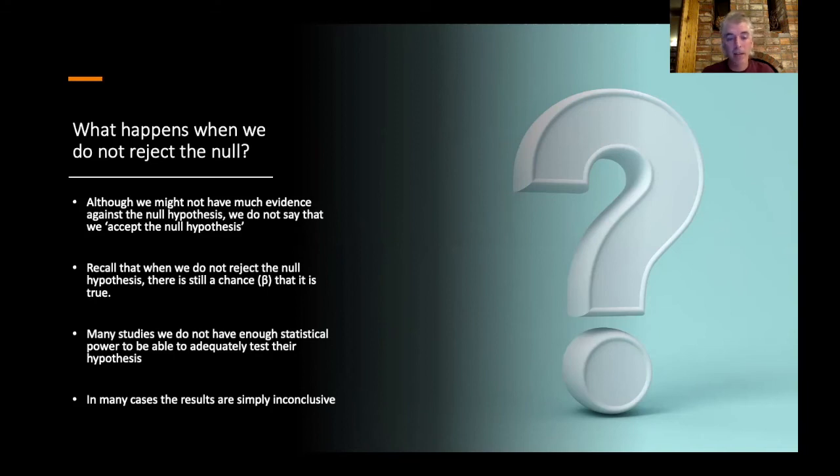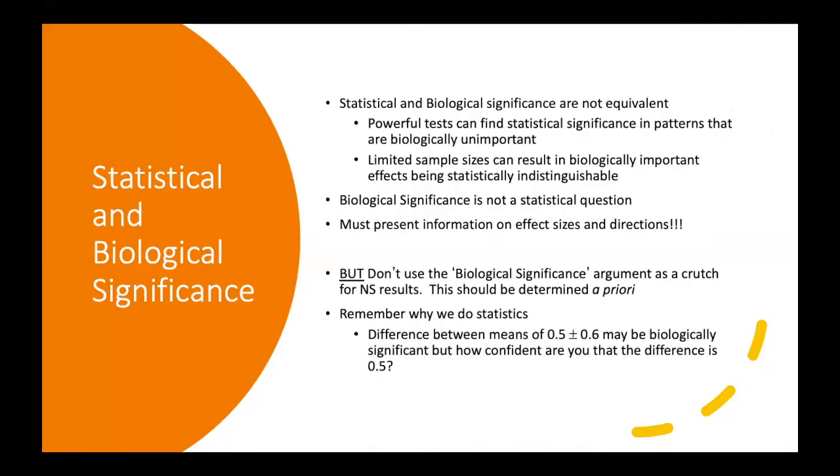It's important to recognize that statistical and biological significance are not equivalent. Statistical power and our ability to reject the null hypothesis and find a significant effect is determined in large part by sample size.